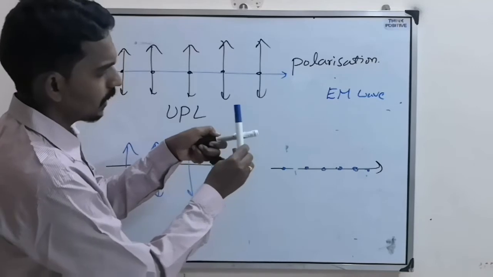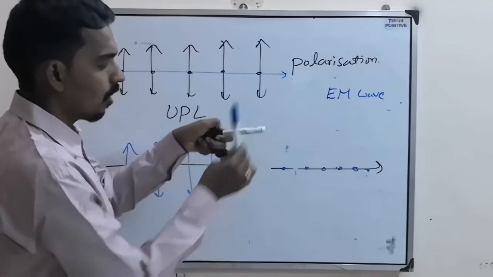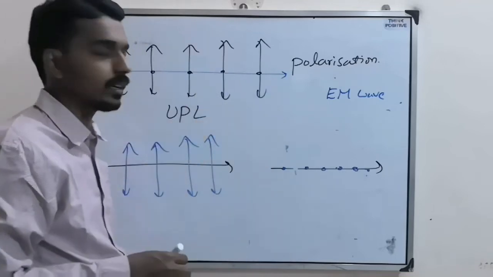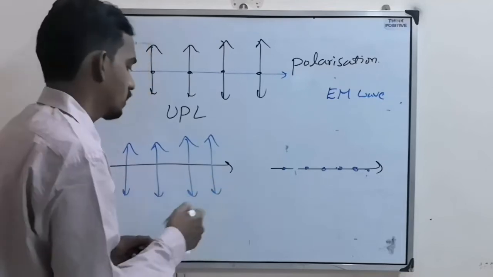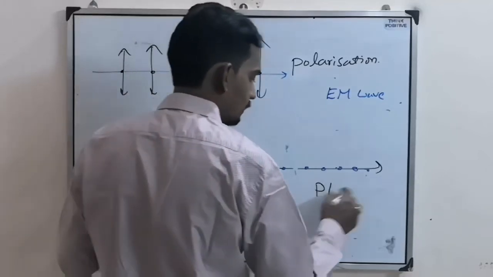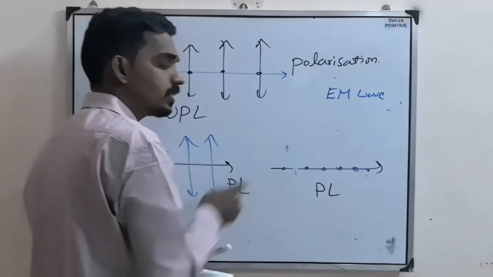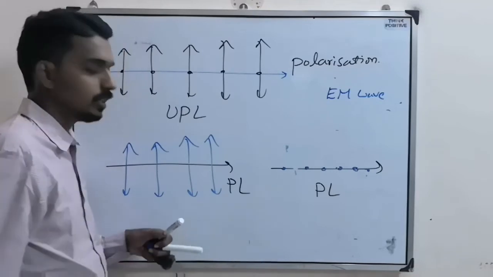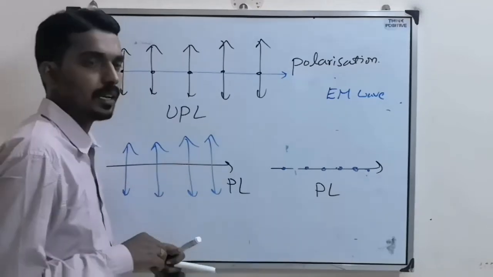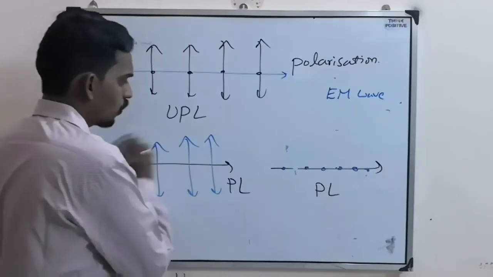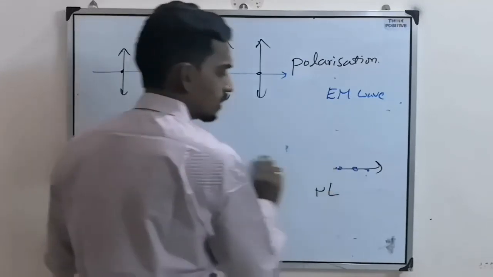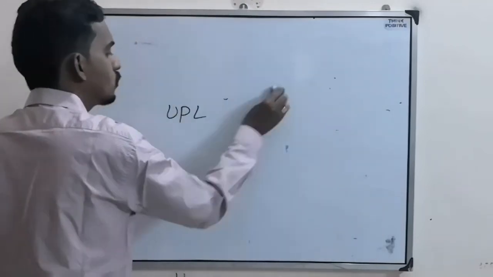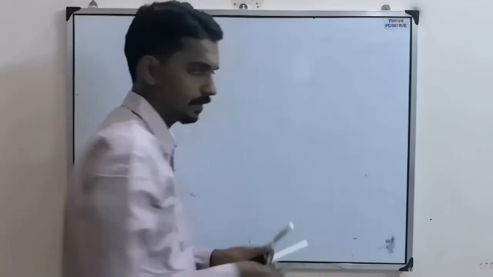Now the field is everywhere like this, or everywhere like this, or at a particular angle, but it should be along one particular direction. That light we call polarized light. This is within the plane, this is in the perpendicular plane. So that is the difference between polarized and unpolarized light. Depending on the orientation of the electric field component of the electromagnetic wave, we define whether the light is polarized or unpolarized.